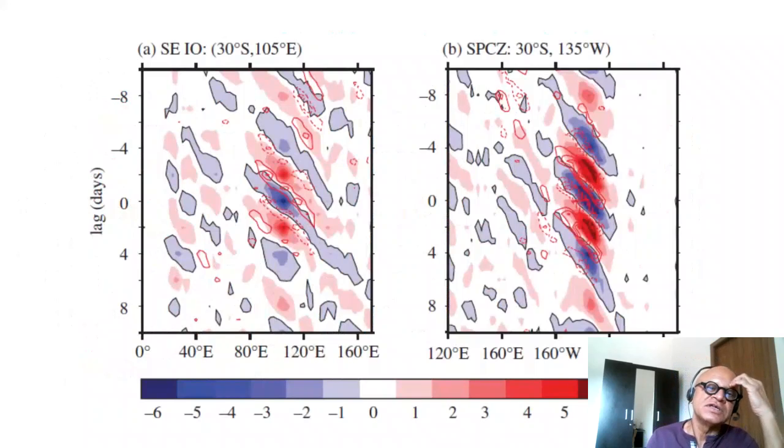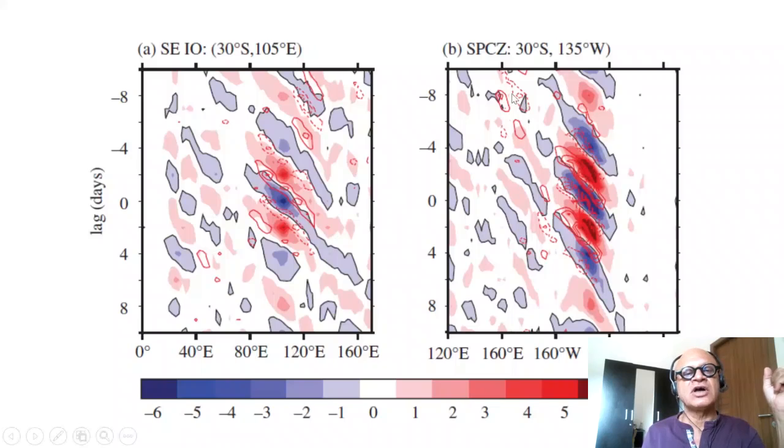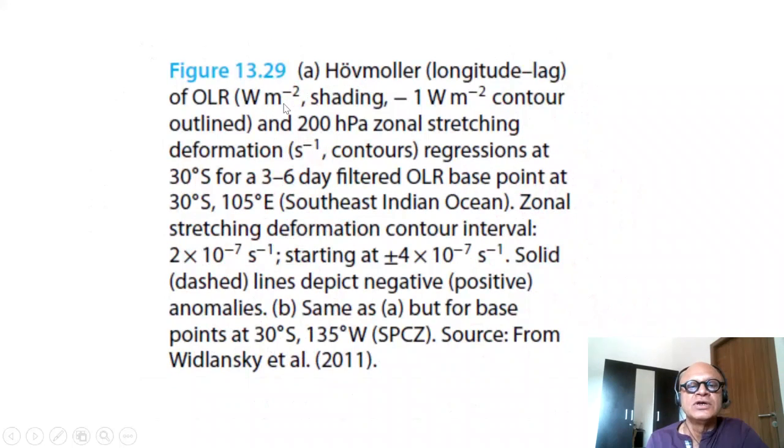Looking at the southeastern Indian Ocean and the SPCZ at 30 south, same latitude, but in the Indian Ocean sector and in the Pacific sector, southeastern Indian Ocean and the southwestern Pacific Ocean, you clearly see again shown here are again OLR and 200 hectopascal zonal stretching deformation.